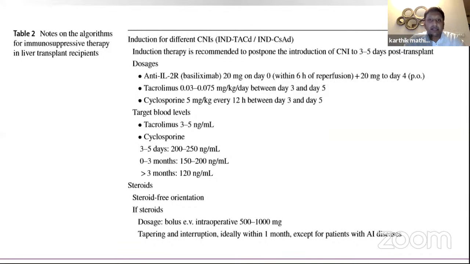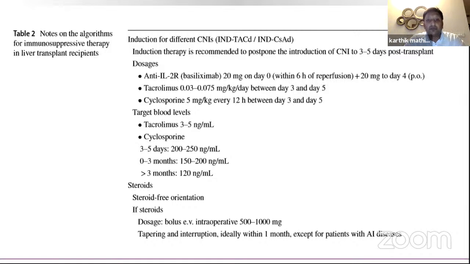And even in patients with pre-existing renal dysfunction, we don't target a high level of TAC. It all depends upon the everyday creatinine level and urine output measured. So it's ideal to start at 3 to 5, and then you push depending upon the need, the enzyme levels, and how the patient is clinically looking.